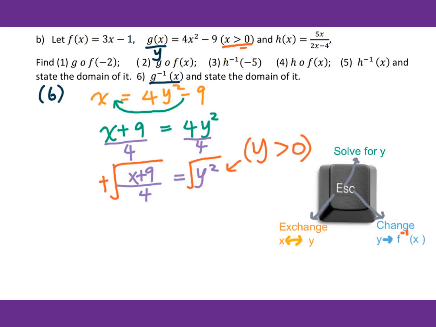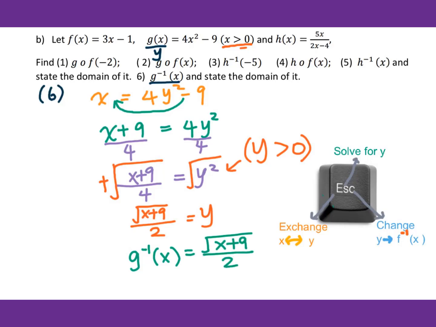This is a positive. So we get y equals square root of x plus 9 over 2. Last step, we need to change y into inverse symbol. So we get inverse of g of x equals square root of x plus 9 over 2.